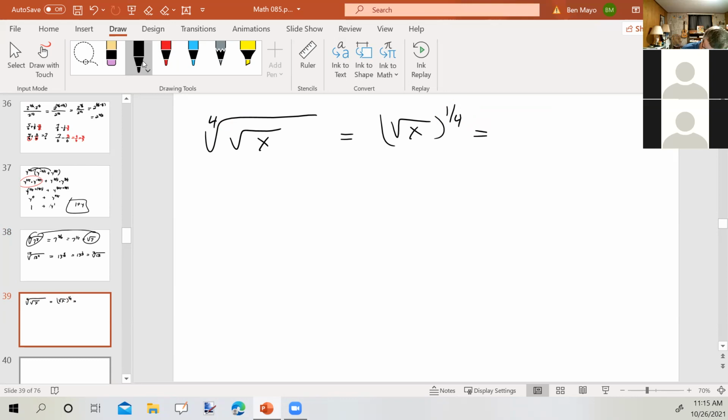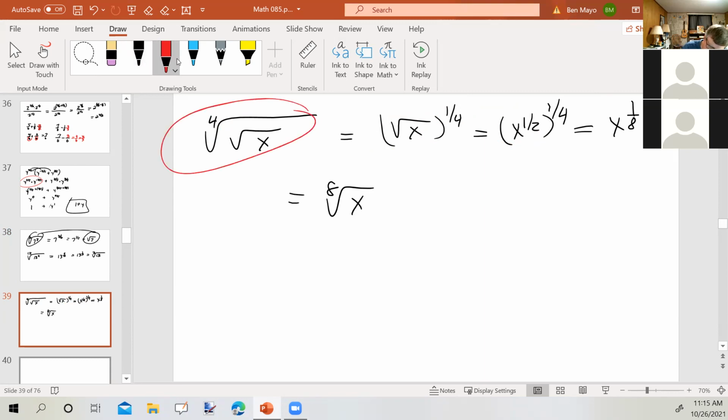But then the square root of x would be x to the 1/2 power, to the 1/4 power. That becomes that. But a power raised to a power, you multiply the exponents, and 1/2 times 1/4 would be 1/8. So I've got the 8th root of x. So this simplifies into that.